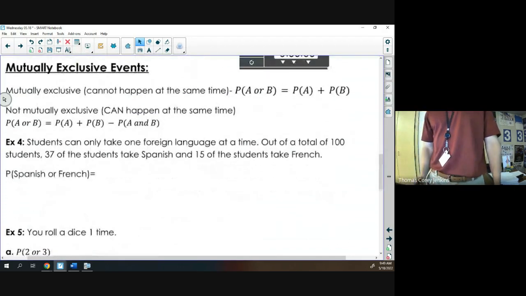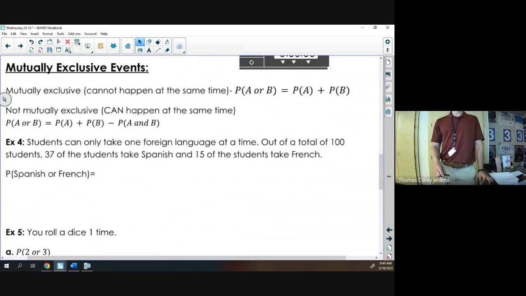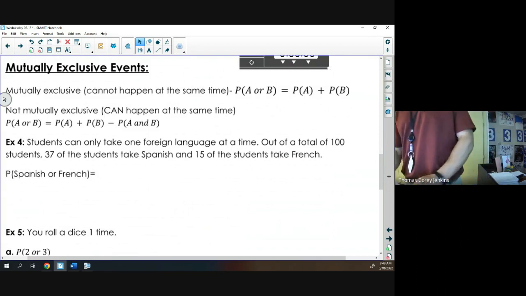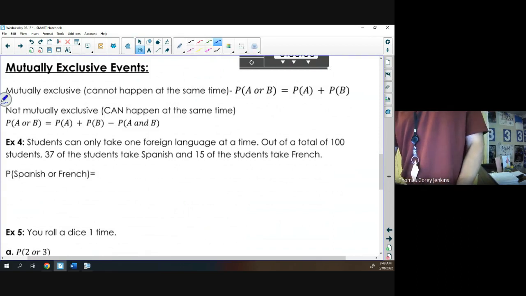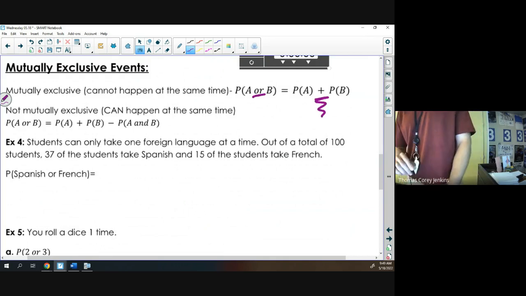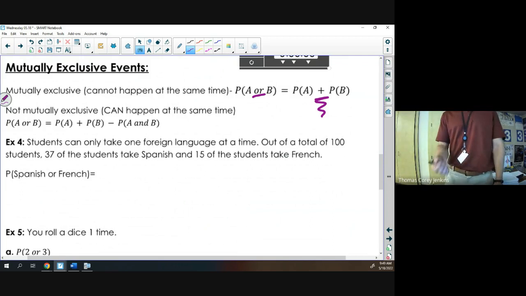All right, so those were all 'this and then that' kinds of problems. You can also have these that have the word or in it. We talked about this a little bit yesterday, but or means we add them together. And then you have this idea of mutually exclusive or not mutually exclusive.